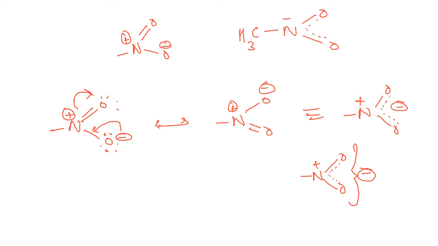So if we are representing in this way, then it means that these two nitro bonds, these two NO bonds, are equal due to resonance hybrid. Okay, so its bond length is 121 picometer.